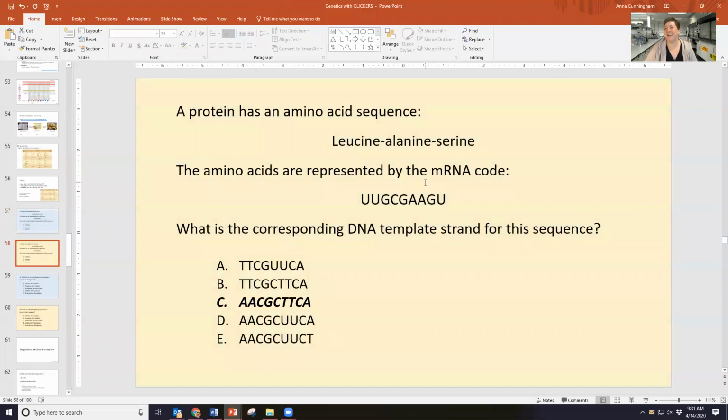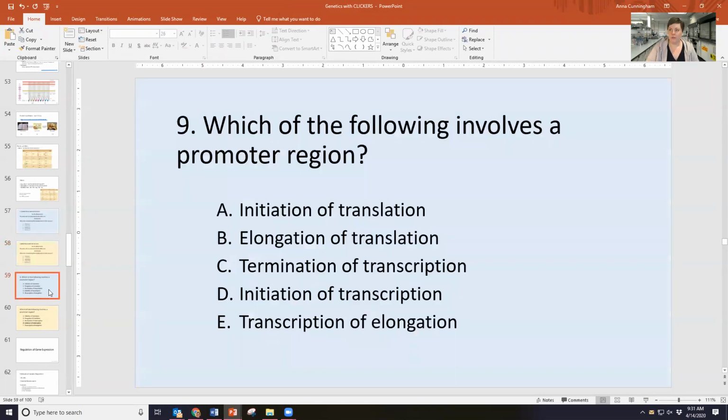Thank goodness. So this is just asking you to remember complementary base pairing, and remember the difference in bases in DNA versus RNA. Very important. All right, and then which of the following involves a promoter region?